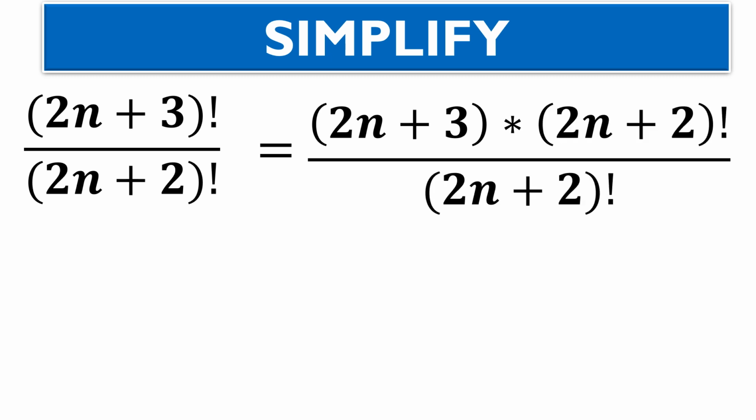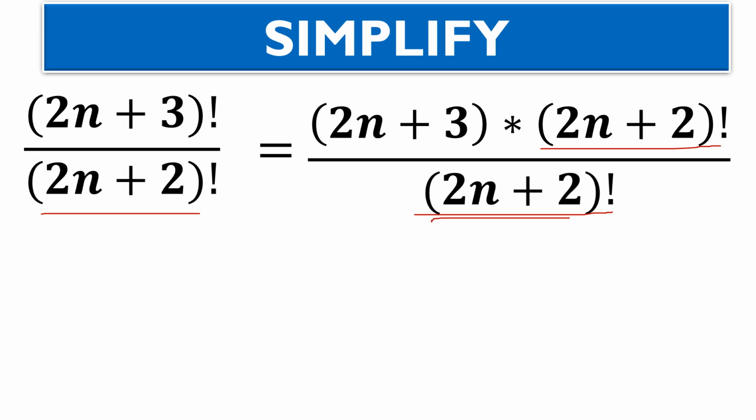The numerator, (2n + 3) factorial, is now (2n + 3) times (2n + 2) factorial, and now we are dividing it by (2n + 2) factorial. So you can see that there is (2n + 2) factorial at the denominator, and there is also (2n + 2) factorial at the numerator. So they will simply cancel out.